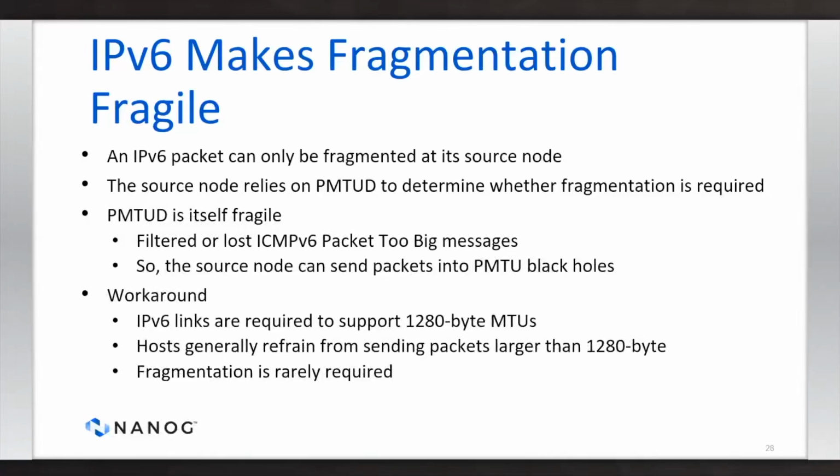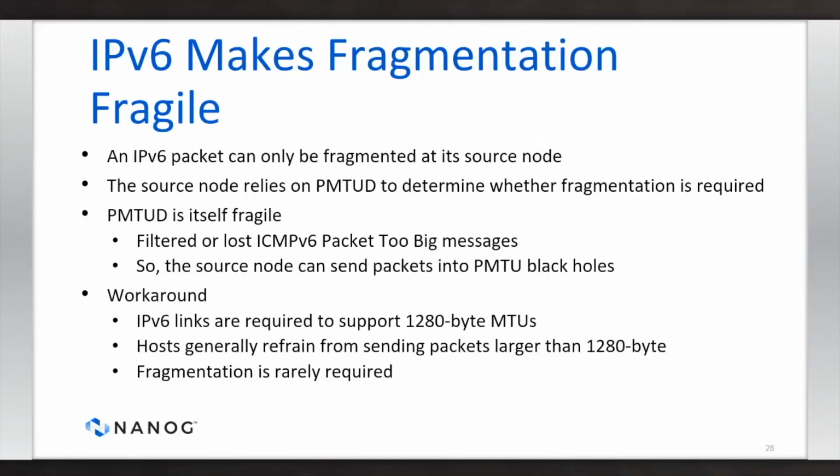The source node relies on PMTUD to determine whether fragmentation is required. PMTUD tells the source node what the path MTU is. Well, PMTUD is itself a little fragile. It relies on ICMPv6 packet too big messages making it from the point where fragmentation is needed to the source. Well, ICMPv6 packets can be lost, they can be filtered.